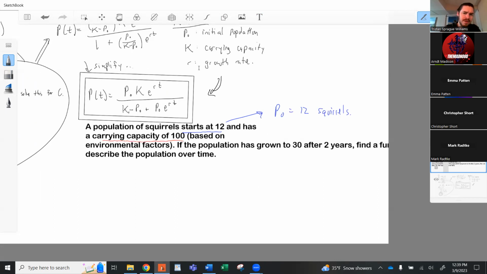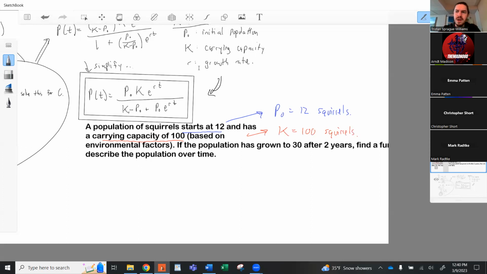This is probably something that ecologists would estimate. They'd study the environment and think this environment could sustain up to 100 squirrels, or maybe they look at other similar environments and infer from that. I have no idea how they do this, but we're going to say we know our carrying capacity is 100 squirrels.